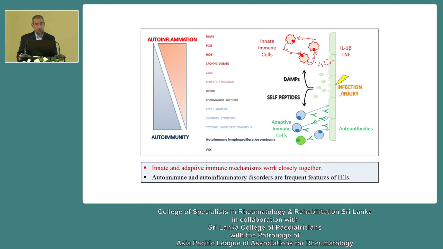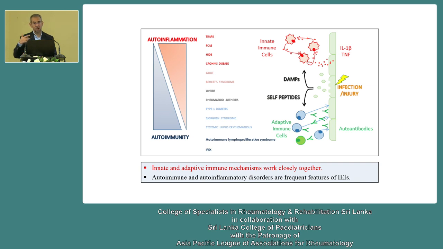Now, we have to remember innate and adaptive immune system work closely together, and this is the reason you saw some overlap between the two diseases or entities. And it's important also to remember the autoimmune and autoinflammatory disorders are frequent features or presentations due to inborn error of immunity.